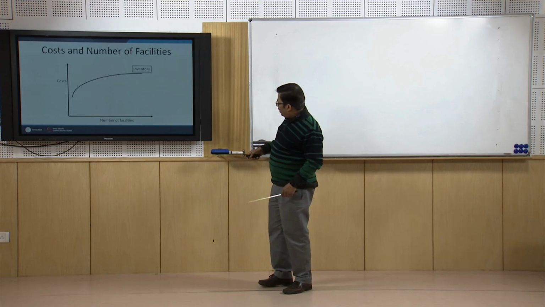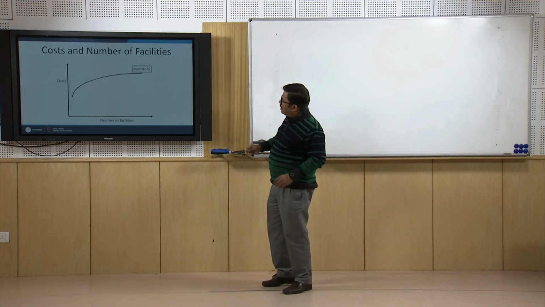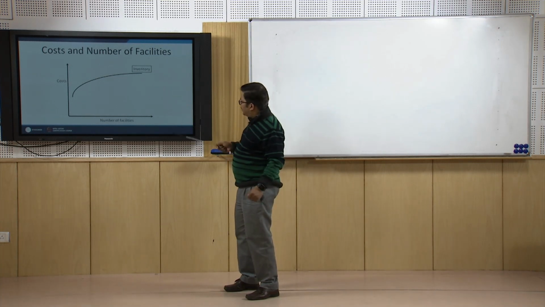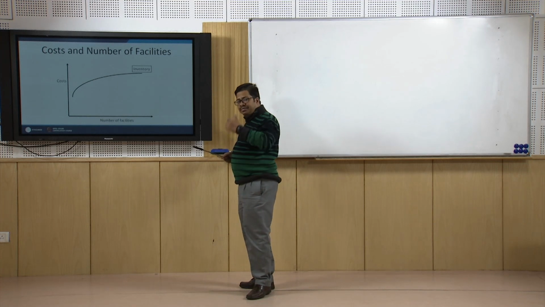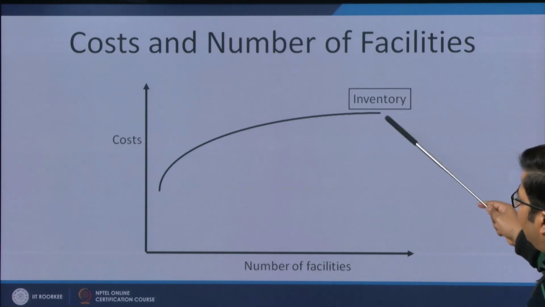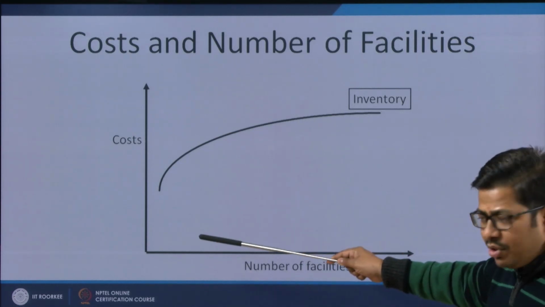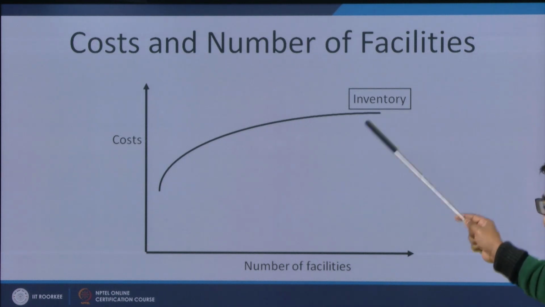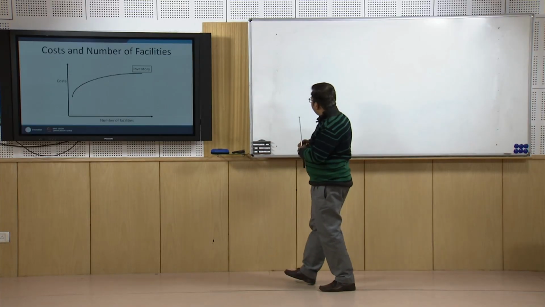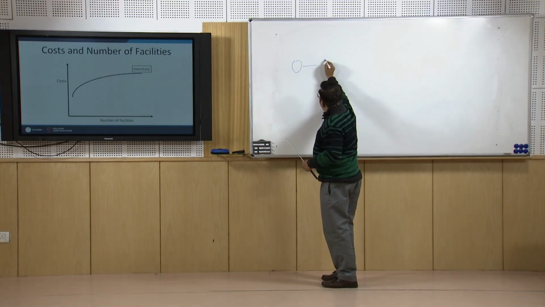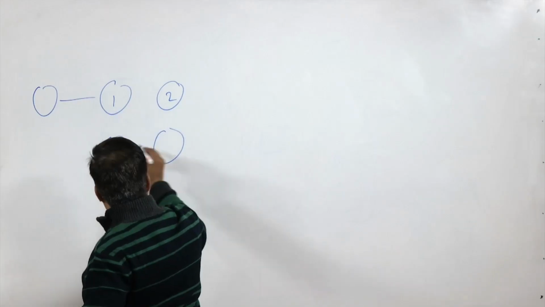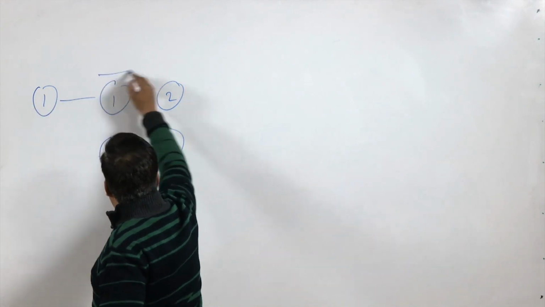Now you see in this particular case, what are the different types of costs which are associated with facilities. Now as we have this cost versus number of facility graph, as you are increasing the number of facilities, your inventory cost increases, because now if you see you have various distribution centers, 1, 2, 3, 4, one manufacturer, all these are the DCs.